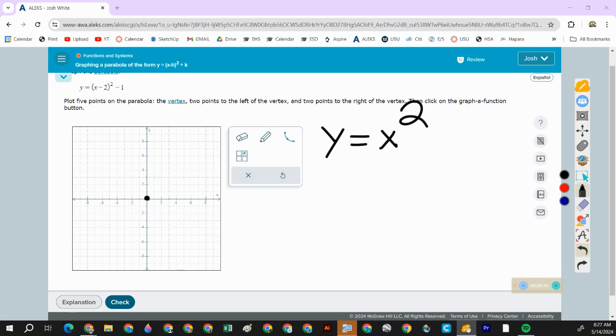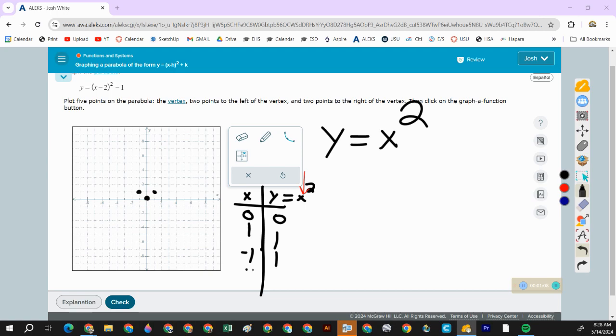And then if I were to make a table of x and y equals x squared, if I plug in 0 for x, I get 0. If I plug in 1 for x, 1 squared is 1. Also, -1 squared is also 1. So the first 2 points are going to be over 1 to the right and up 1, over 1 to the left and up 1.